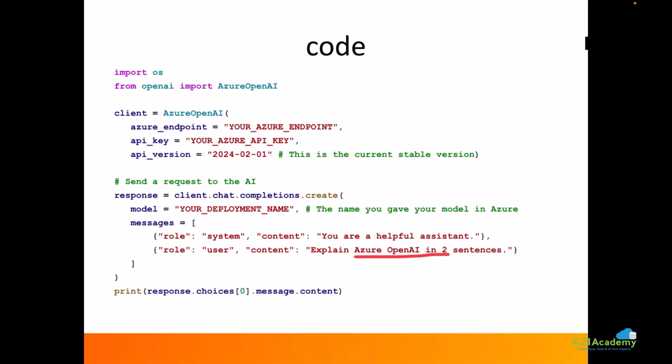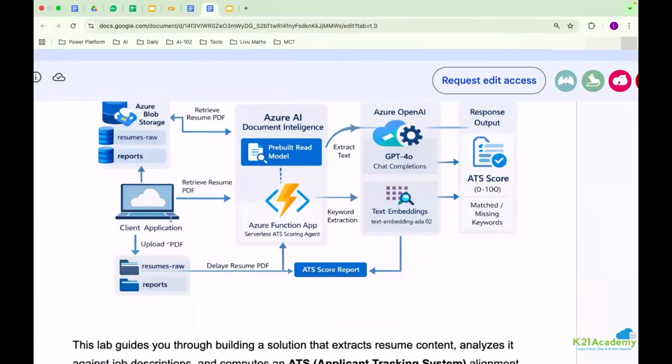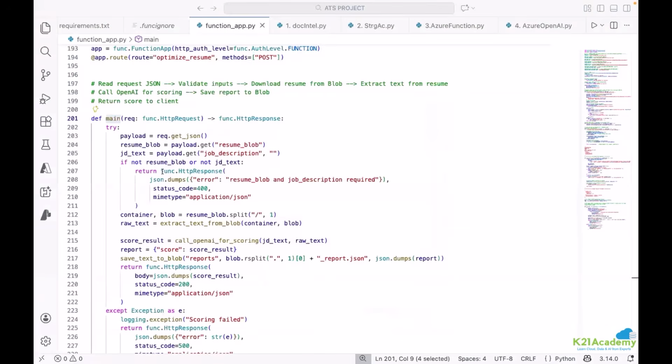And you can specify, I want to extract the ATS score, similarly the missing skills, and also find the semantic similarity, right? You can specify all this in the user message, and as a result it will provide you the response. So I hope you are all with me, and now we can move on to the code, how exactly you will start implementing it.